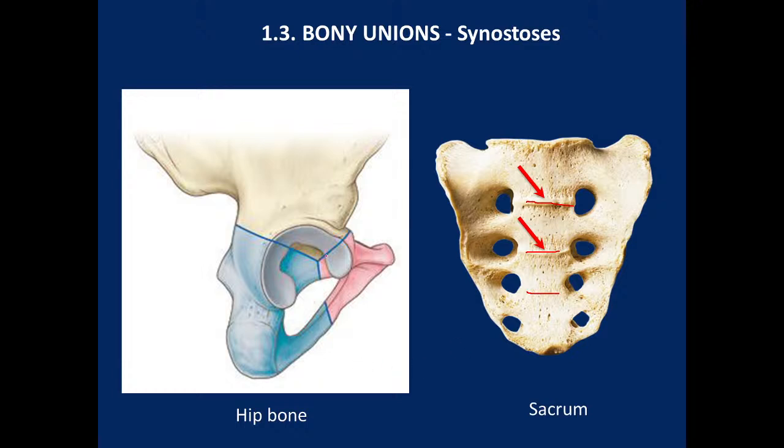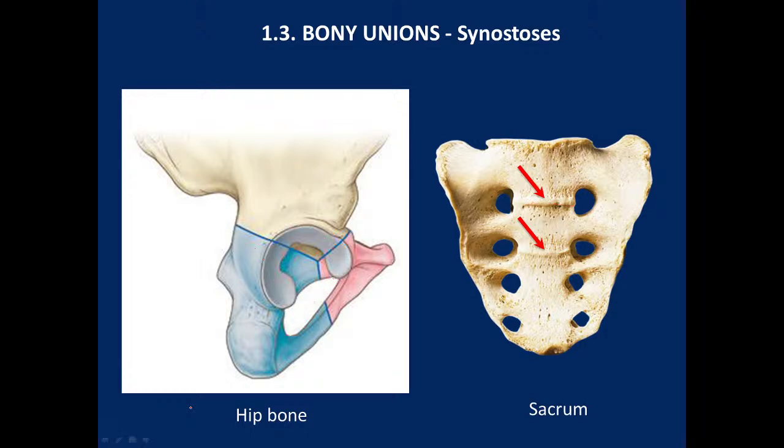And also, as an example, we see the hip bones. There are three bones in the pelvis, I hope you remember. First is the ischial bone, the pubic bone, and the iliac bone, and they are fused in the center of the pelvic socket called the acetabulum.